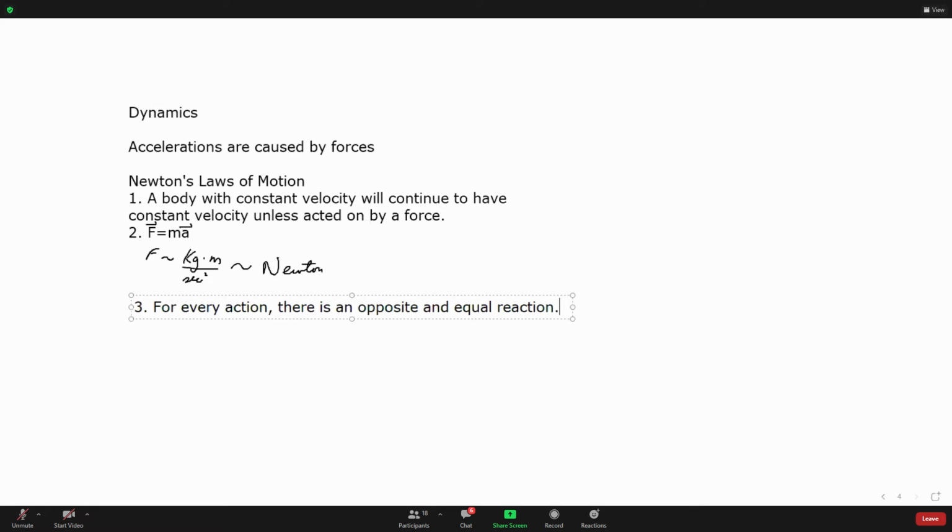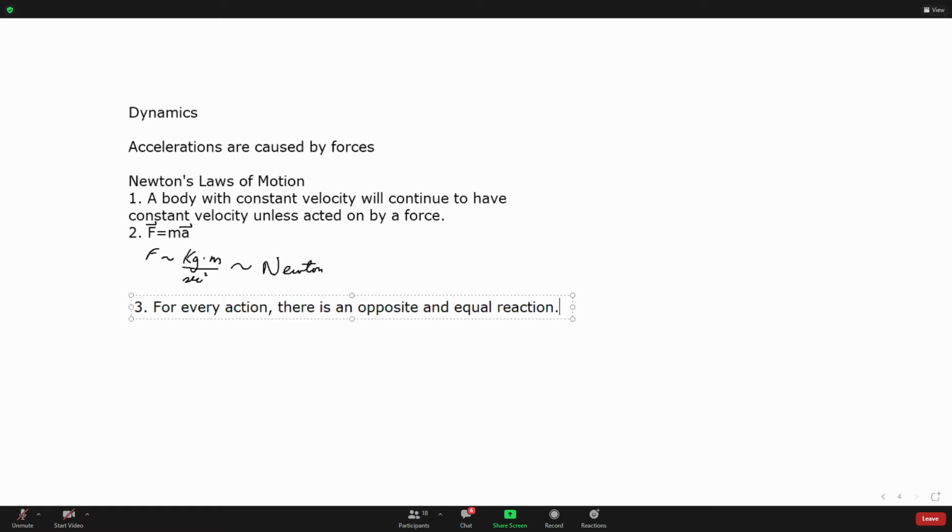Now, what do I mean by equal? What I mean is equal in magnitude. Since it's opposite in direction, the vectors aren't equal. The two vectors have the same magnitude. So if I push on you with a force F, you are, by Newton's third law, pushing back on me with that same force F. This is kind of confusing sometimes.